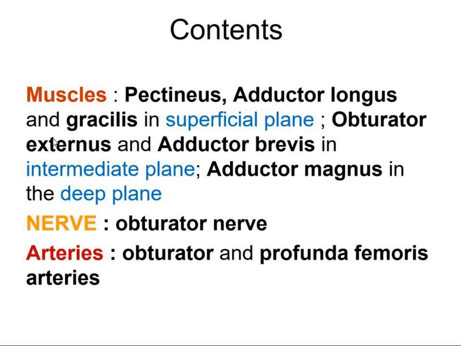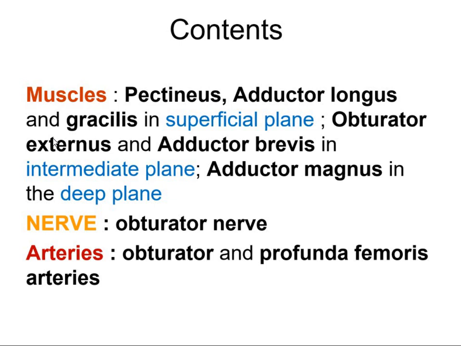So these three muscles are present in the superficial plane: pectineus, adductor longus, and gracilis. In the intermediate plane, we have two muscles, the obturator externus and the adductor brevis. And in the deepest plane, we have only one muscle, adductor magnus. So from superficial to deep, it is three muscles, two muscles, one muscle.